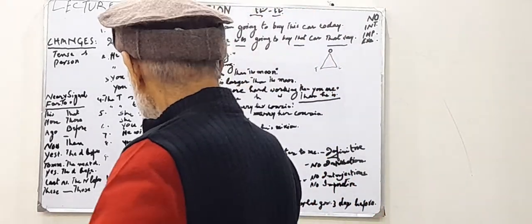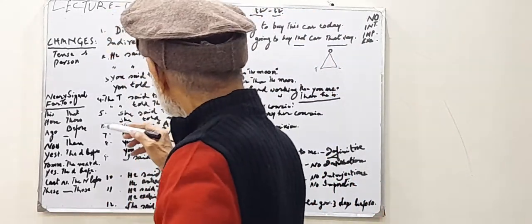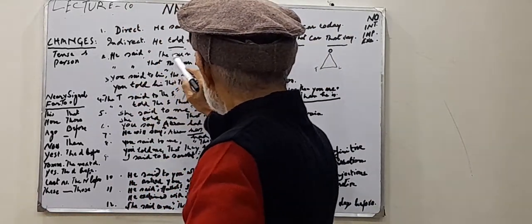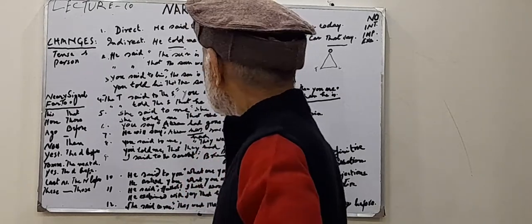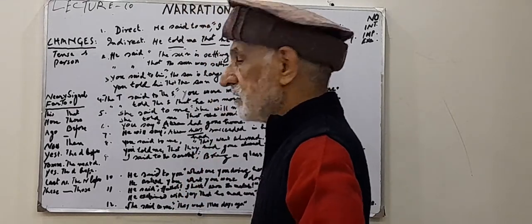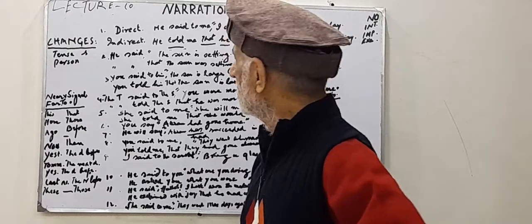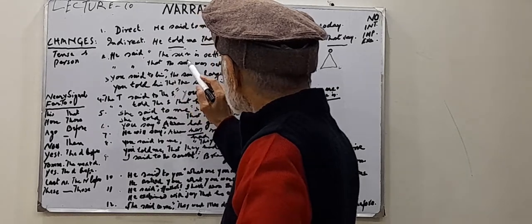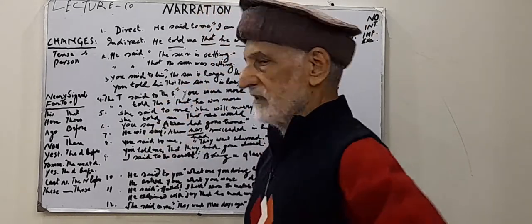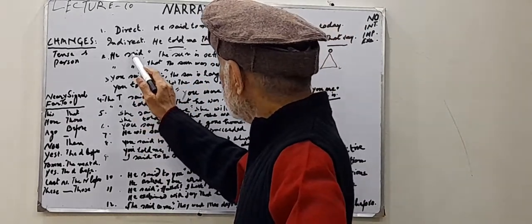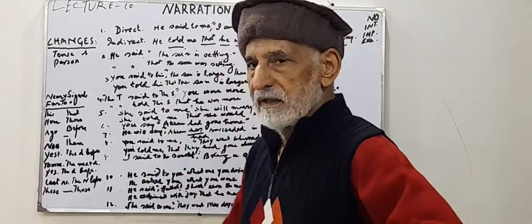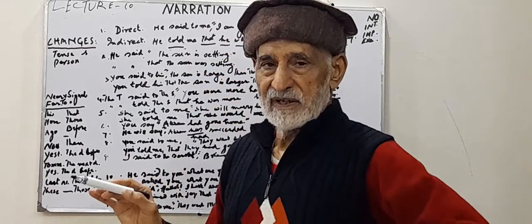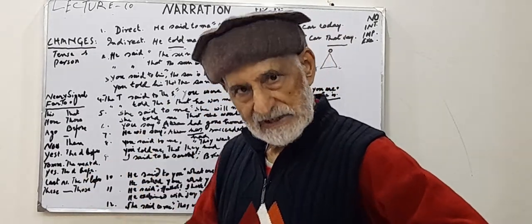Let us see in examples. He said, the sun is setting. He said that the sun was setting. We are not changing said into told because there is no one to listen. When the listener is not there, we don't change said.